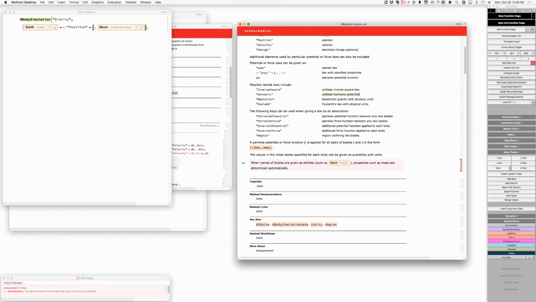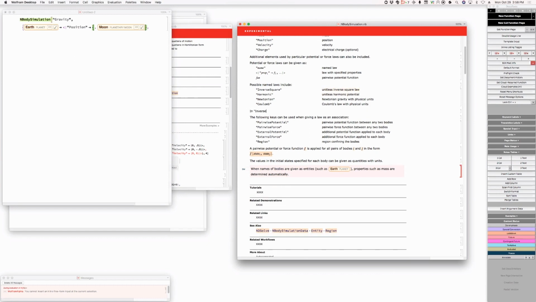In these cases with unit multipliers, inverse square, and harmonic, what is it called?